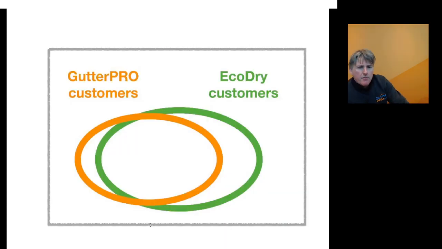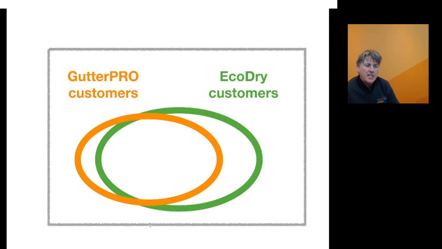So what attracted us to EcoDry was what we believe is a very high level of overlap of the customer base. We think it's actually higher going from GutterPro to EcoDry.